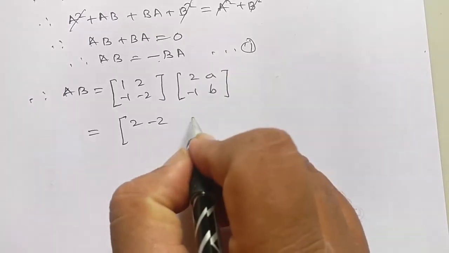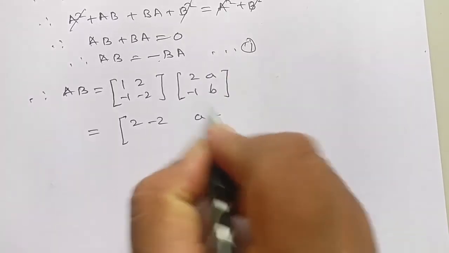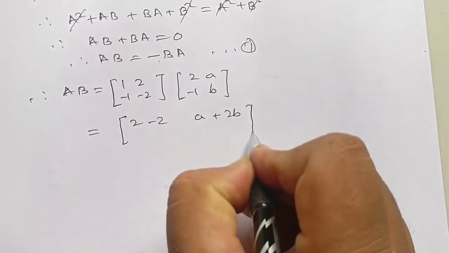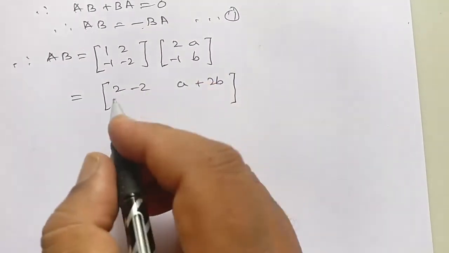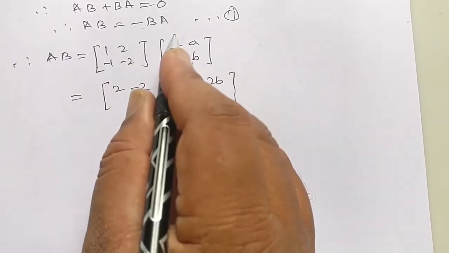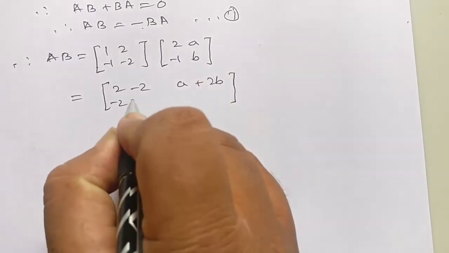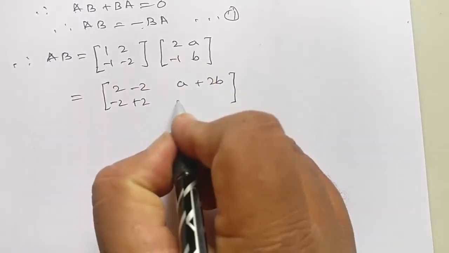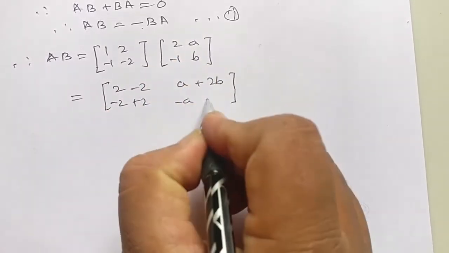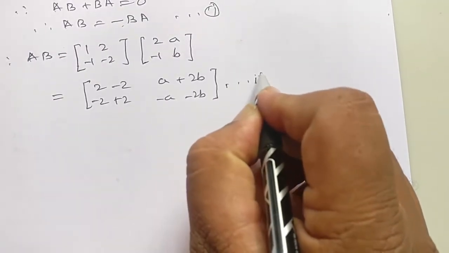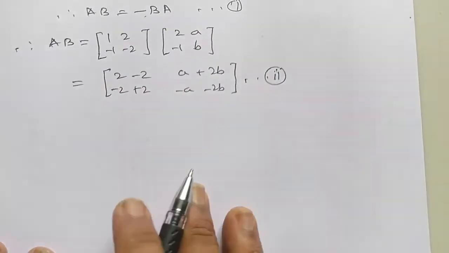First row, second column: 1 into a, 2 into b, that is 2b. Second row, first column: minus 2 plus 2. Minus 1 into a, minus 2 into b, that is minus 2b. So this is equation number 2, it is AB.